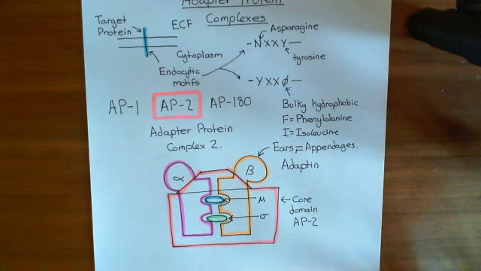However, before we can actually get it binding to the endocytic motifs, we need to get it to the membrane. So how do you target the adaptor protein complex to the membrane? Well, the answer to that question we'll explore in the next video.